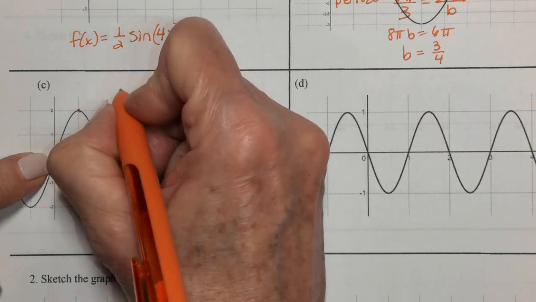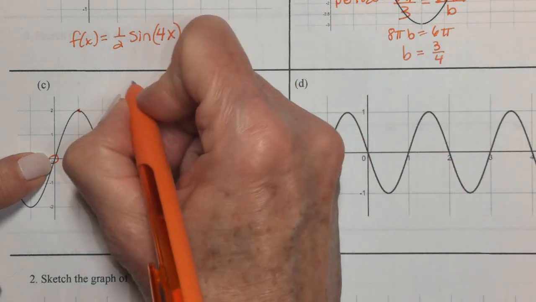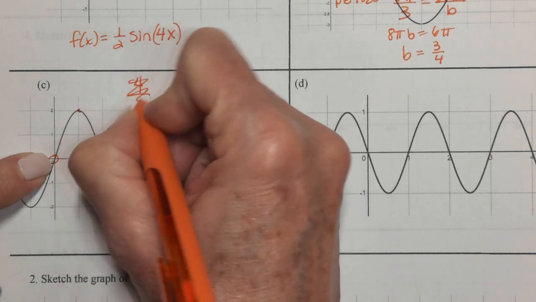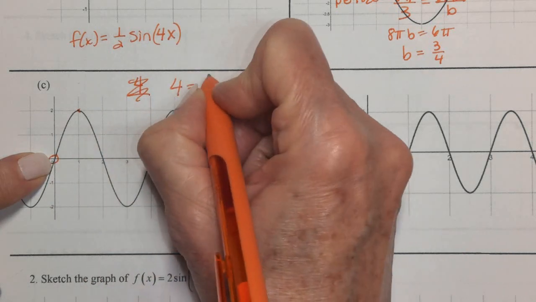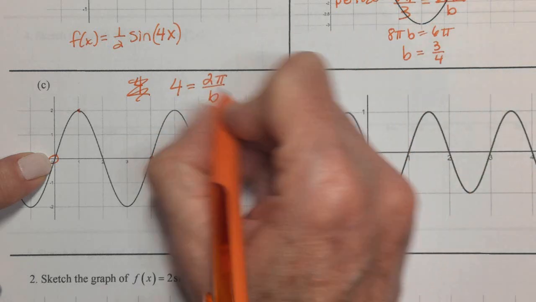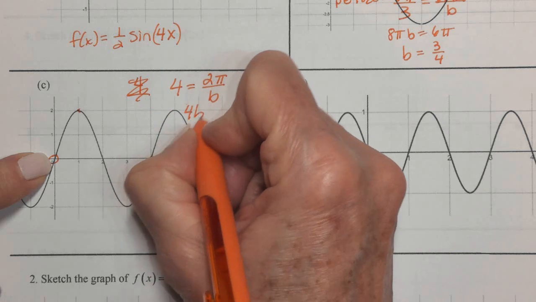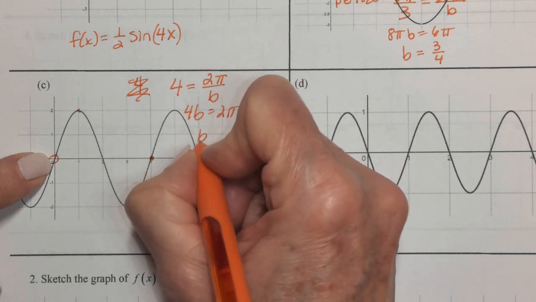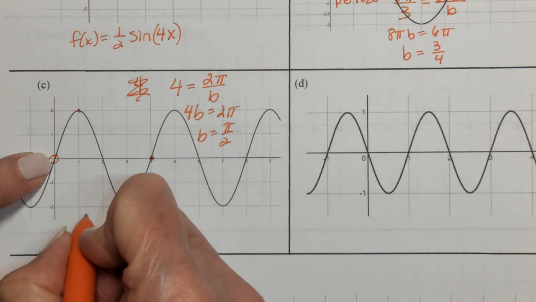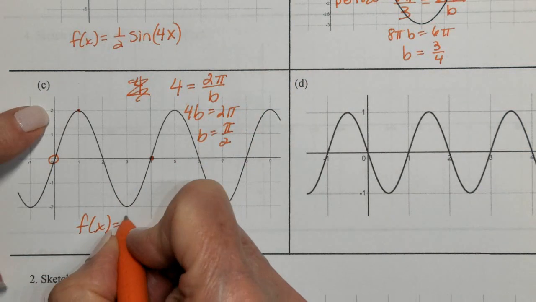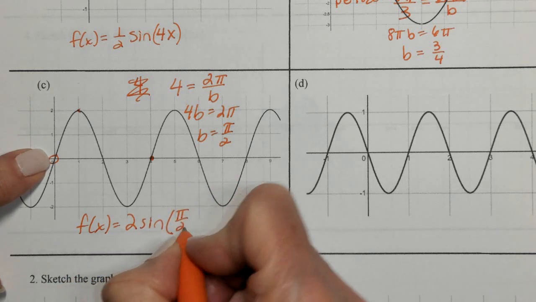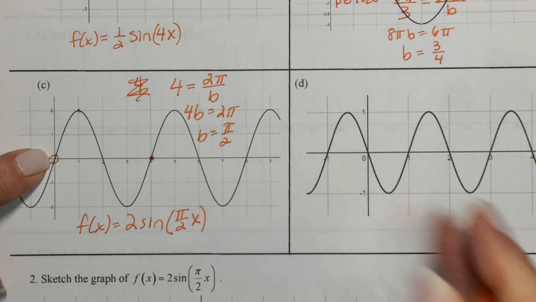So to find b, I would take that 4 that I know the period is and set it equal to the normal period divided by b. Cross multiply, 4b is 2 pi, so we divide both sides by 4 and b is pi over 2. So this equation would be 2 sine of pi over 2 x.